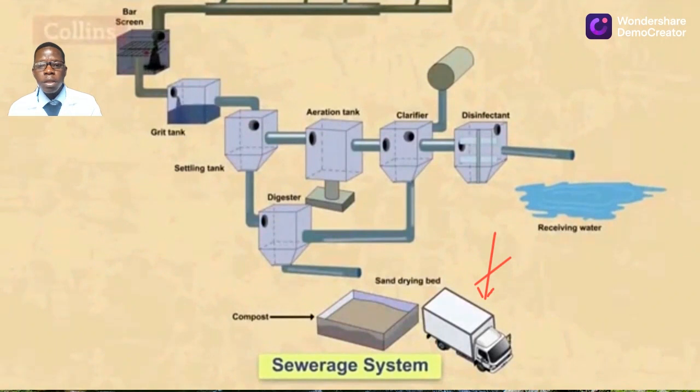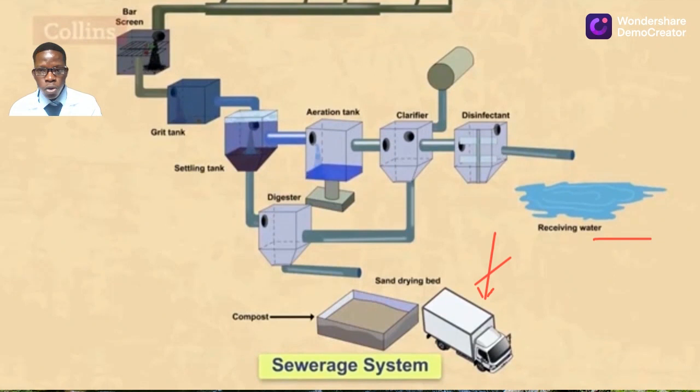So the aim of sewage treatment is to remove the pollutants from the water and allow that water to again flow into the streams like the rivers, lakes and dams without causing any form of environmental pollution.